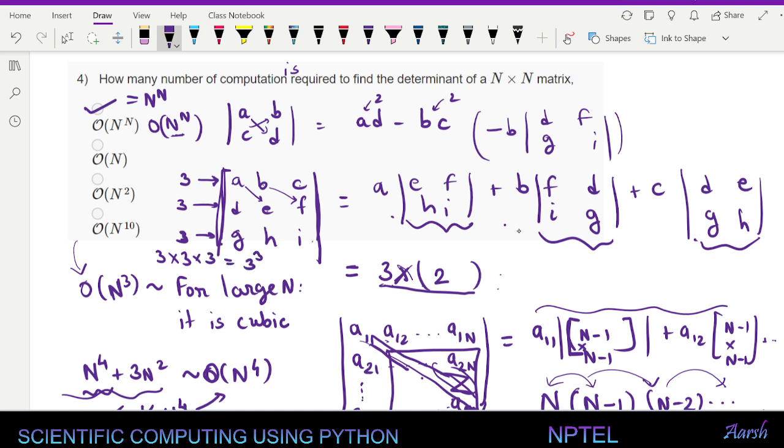But more importantly, it's 3 cubed. Now, what's the issue? Well, you are not going to use A times D times H, something like this. So there are some permutations which are not allowed. That's why it is not exactly 3 to the power 3. It will be something less. But that's where this notation comes in. At max it's going to be order of n to the power n.